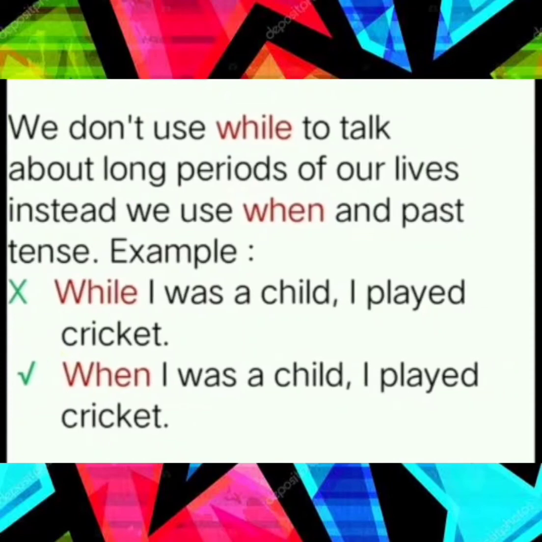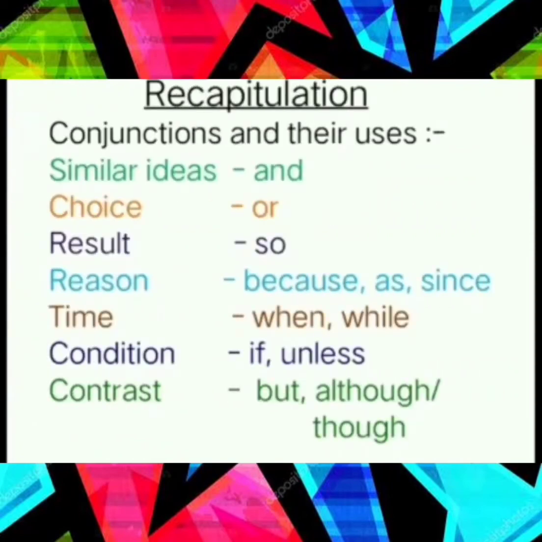Now let us recapitulate the uses of conjunctions. We use conjunctions for similar ideas, that is, and is used; for choice, or; for result, so; for reason, because, as, since; for time, when, while; for condition, if, unless; and for contrast, but, although, though.